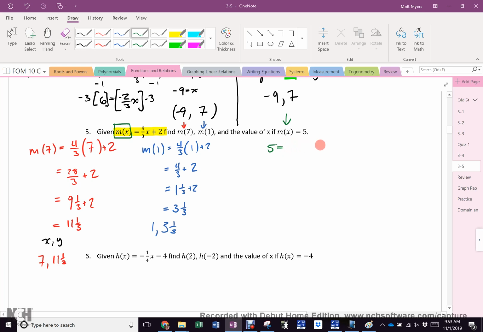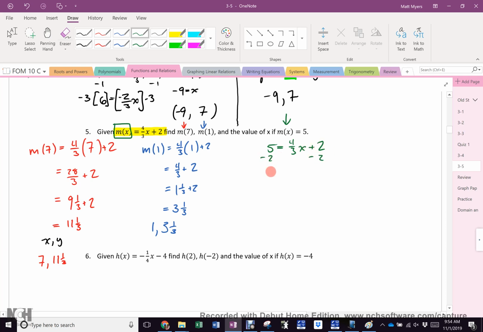What do I write here? 4/3 x plus 2. Because I don't have an x value. And what is my job whenever I have a variable that I do not know? Isolate it. How am I going to isolate that variable? Well, I got to get rid of this plus 2.